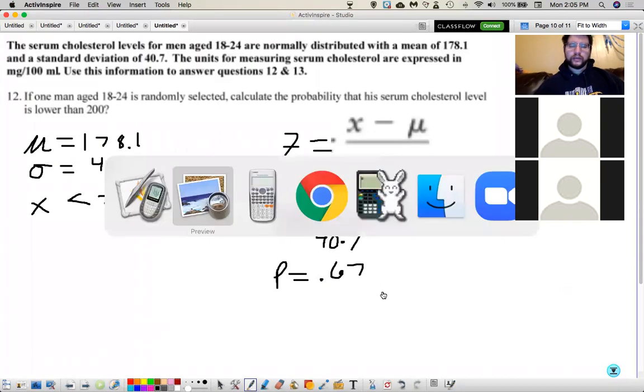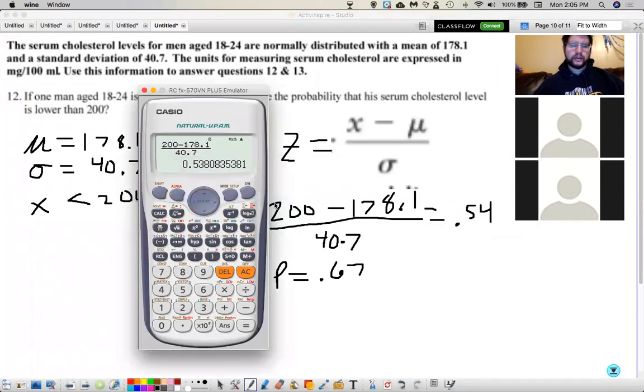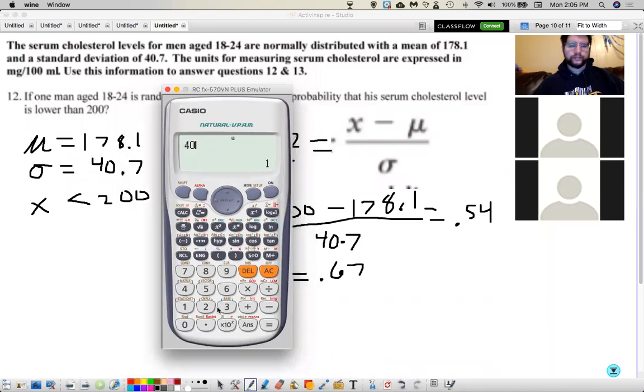Now, if you're doing this on a Casio or a TI, you just go to your distributions, the normal CDF distribution. Your lower bound, it's less than 200, so negative infinity, 1 times 10 to the 99. That works. Your upper bound, 200. Your standard deviation, 40.7. Move that over so you can see where I'm getting these from.